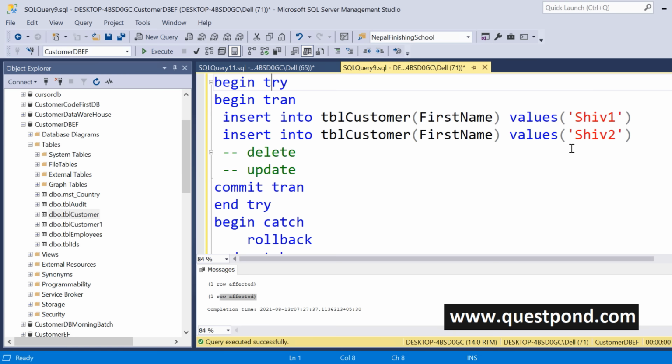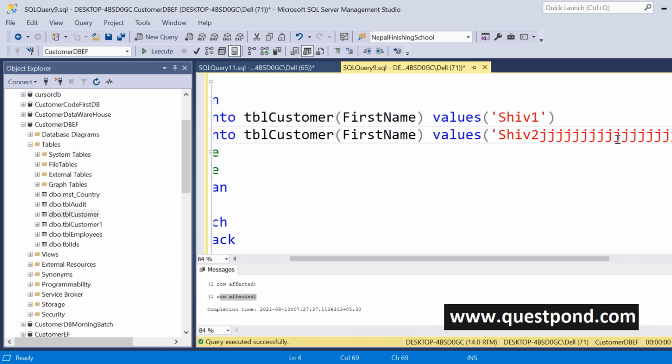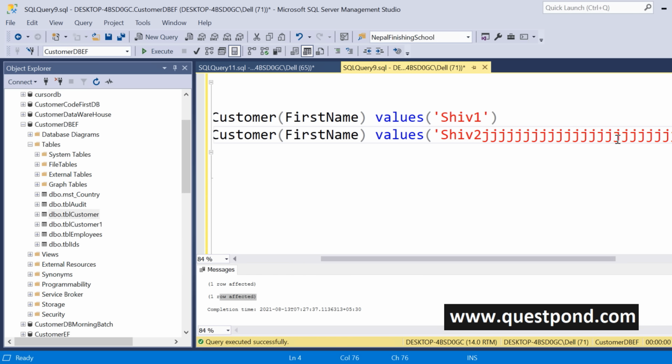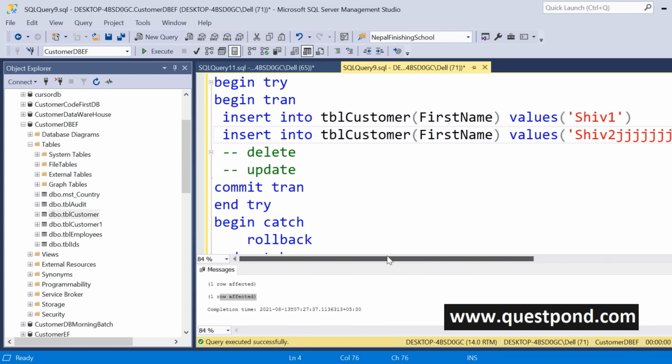Now let me go and put some bug out here. This first name has 20 characters. What I will do is add more than 20. So you can see here I've added more than 20 characters. Once I've added more than 20 characters, this value will not be saved into the database, right? This first statement will be successful, but the second statement won't be.